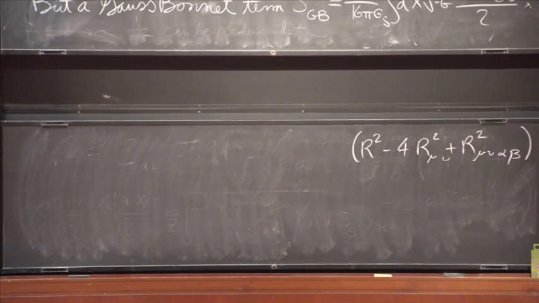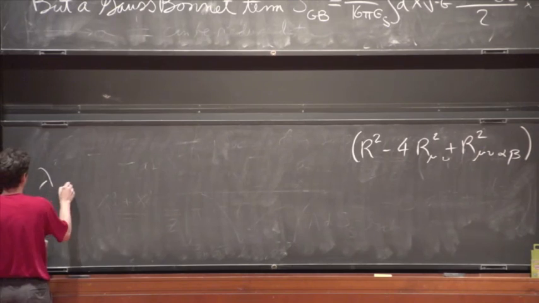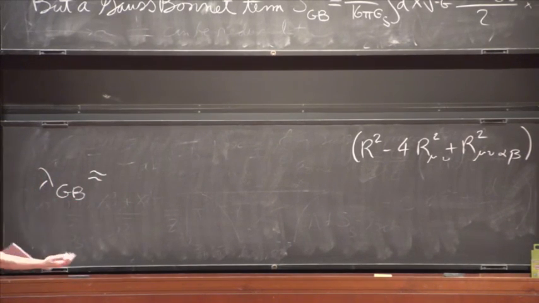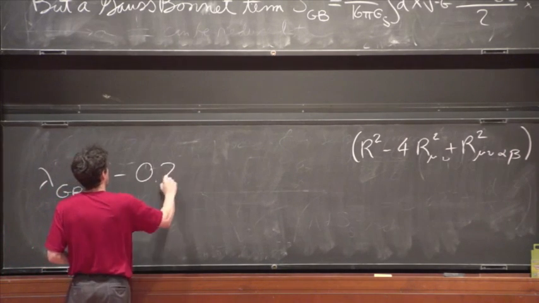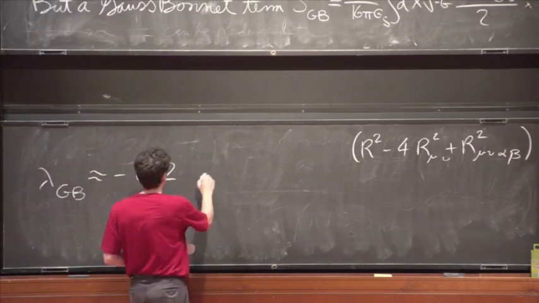You then redo the computation very much along the same lines. You get a slightly different dE dx. But that's not all. Evidently, your dE dx has the opportunity now to depend on lambda Gauss-Bonnet, but there's a reason to pick a particular value for lambda Gauss-Bonnet.